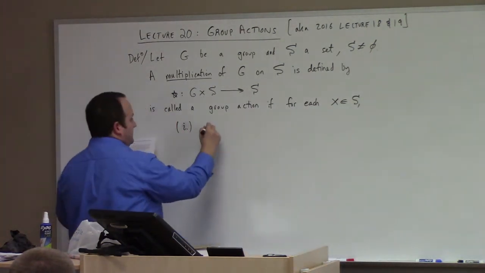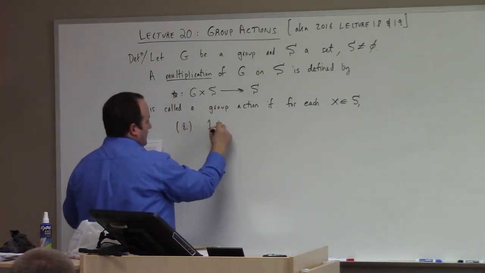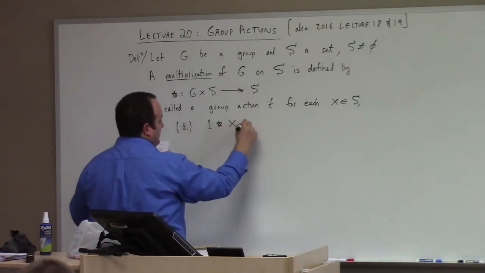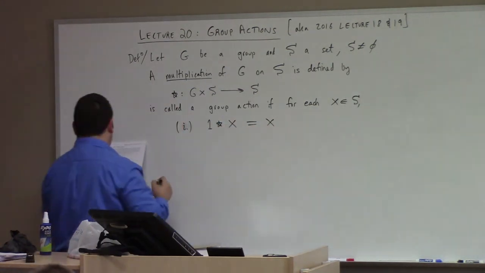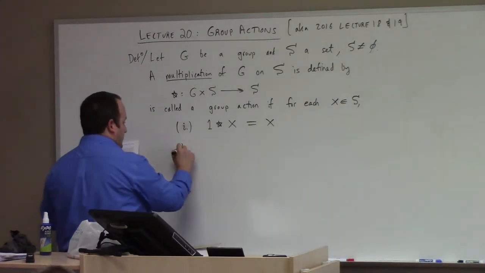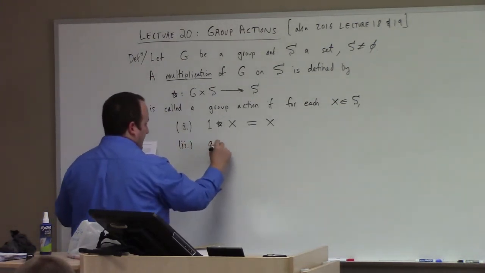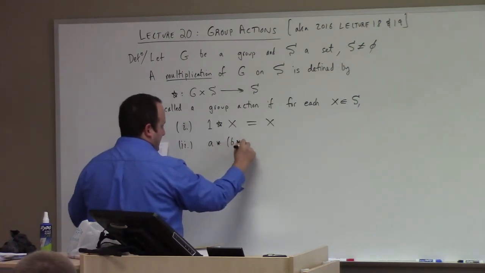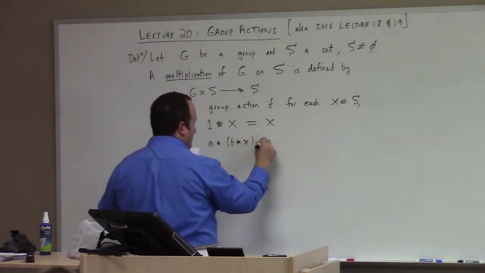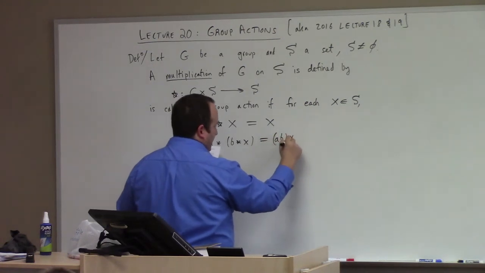So point number one, 1 times X is equal to X again, and 2, all right, A acting on B acting on X is the same as AB acting on X.